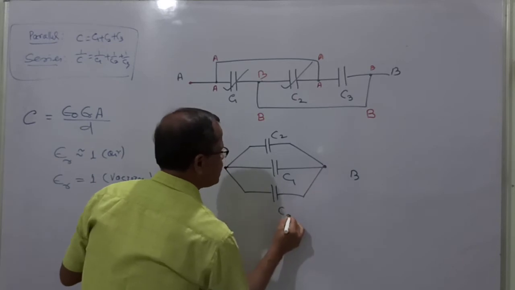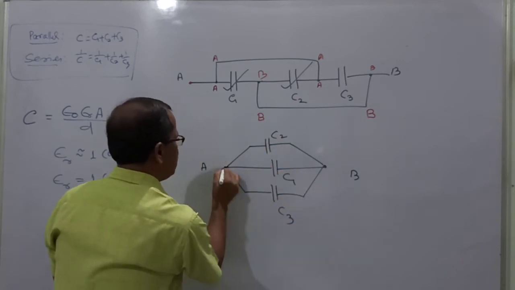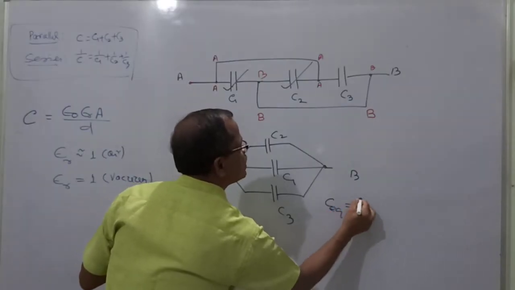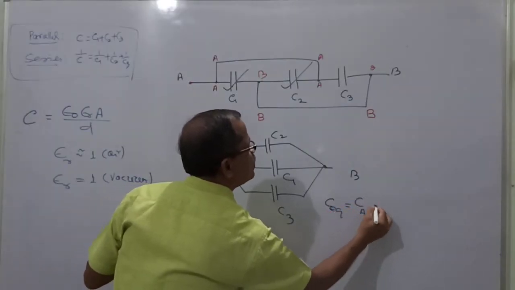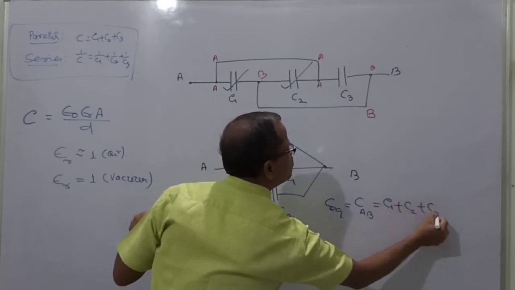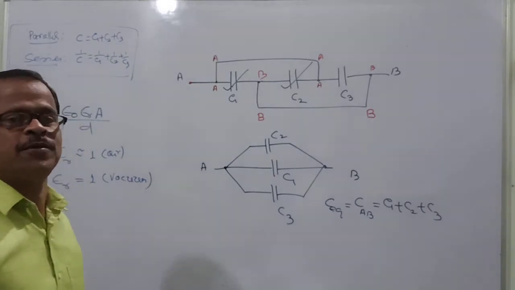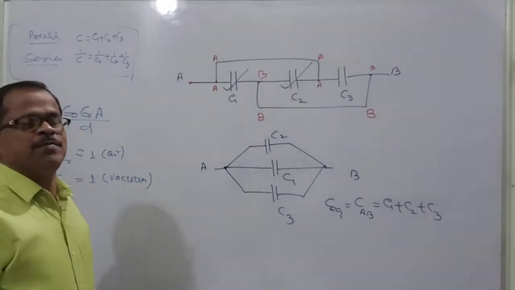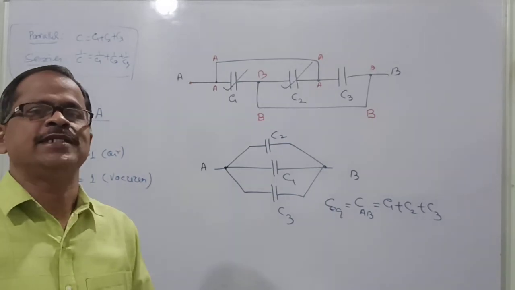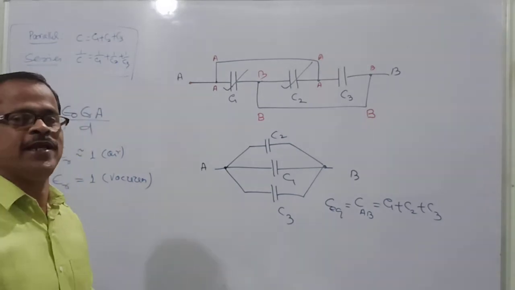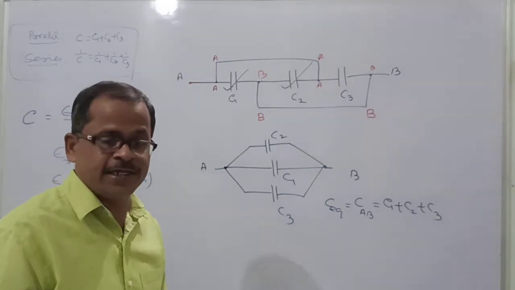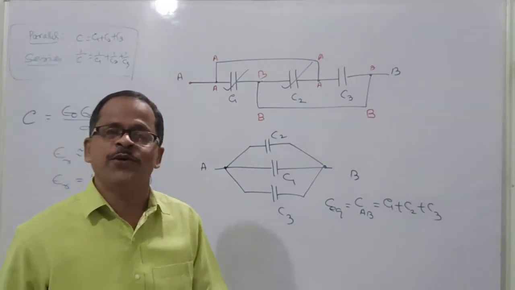So the capacitors C1, C2, C3 are in parallel. The equivalent capacitance, that is the capacitance between the points A and B, is equal to the parallel combination C1 plus C2 plus C3. Look, so interesting a problem. After that, we will do another type of problem. Gradually we will be solving more and more interesting problems.